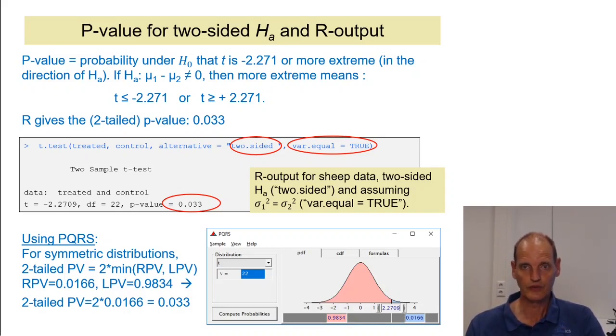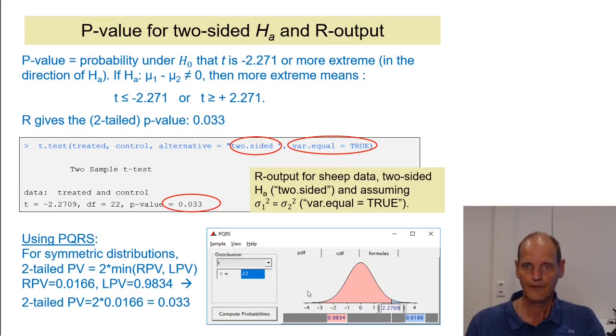So these two values together add up to 0.033, and that is automatically calculated in R if we give as alternative two-sided, and still var.equal is true. We could find this 0.033 with R or using PQRS, but then we should add two tail probabilities, the right tail probability and the left tail probability.